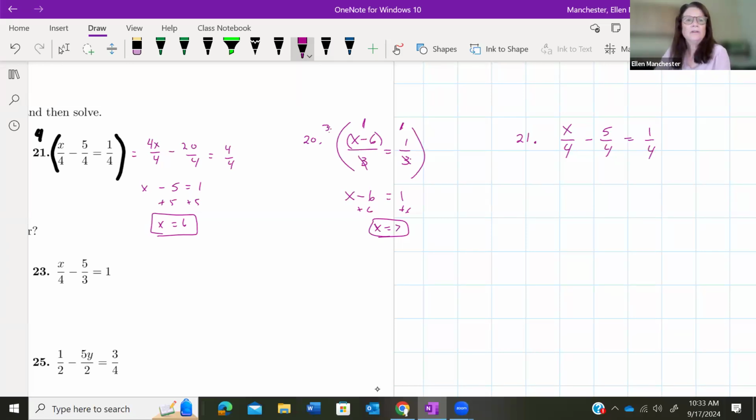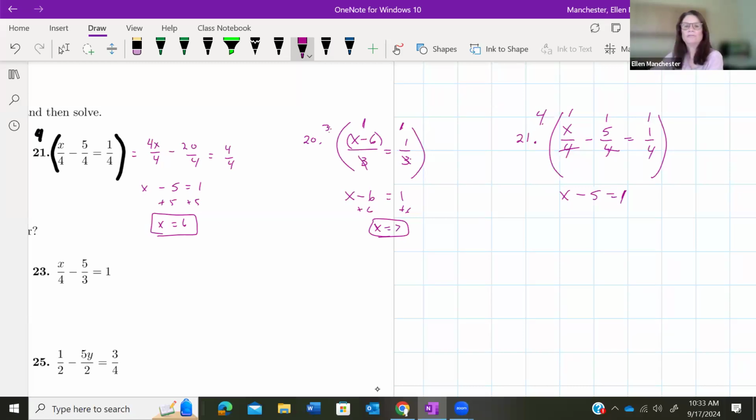So with this one, I multiplied by 4 through: 4x over 4 is x, 20 over 4 is 5, and 4 over 4 is 1. Okay, with this one, with the reducing first, 4 goes into 4 one time, 4 goes into 4 one time, 4 goes into 4 one time. Now, because the denominator was the same, it makes it pretty simple, right?